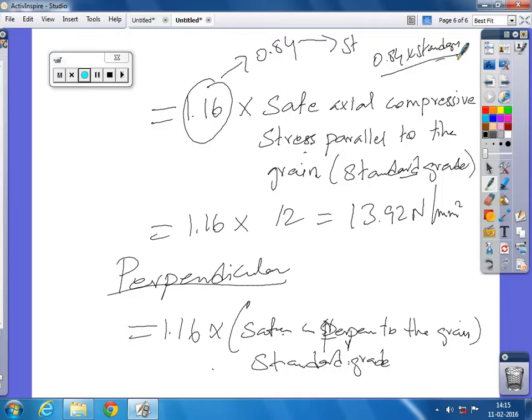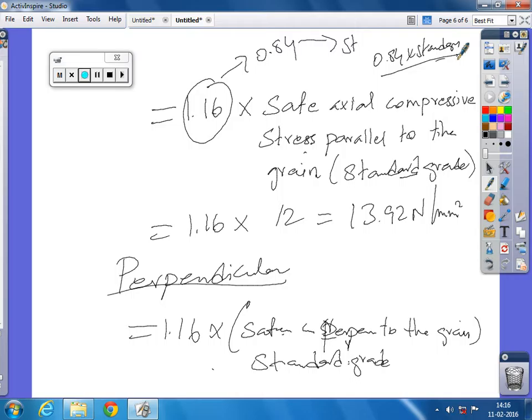So this 1.16 and 0.84, you will find in the notes of grading. I'll give you notes for grading. You know how selected grade, grade 1, grade 2 and all is done, right? That itself they have given. This is the constant value to find out the safe axial compressive stress for selected grade and common grade.